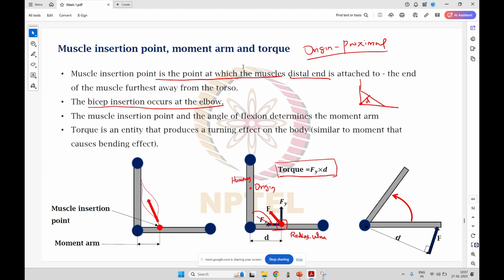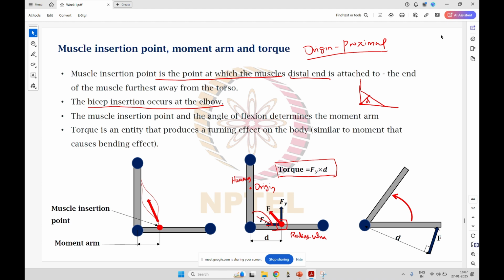So, in this case, the force is being applied at the distal point, which is on the radius ulna, and therefore this is the insertion point, whereas the humerus, where the other end of the muscle is connected, is the proximal point because the force is towards that point. Does that make sense? Kind of. Okay, cool. Thanks.